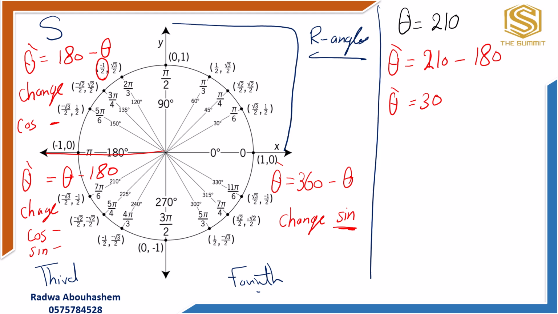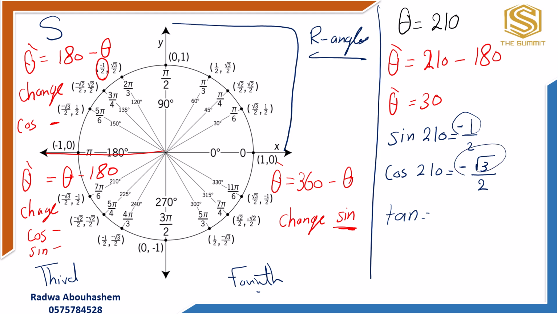I have to change both the sine and cosine. So the sine of 210 is 1 over 2, but I have to change the sign of it. And the cosine of 210 is negative root 3 over 2. What about the tan? We just divide. So negative 1 over negative root 3 gives me 1 over root 3.